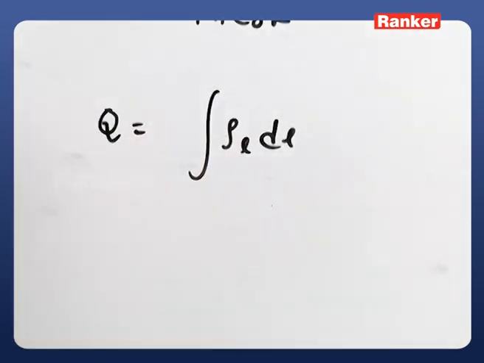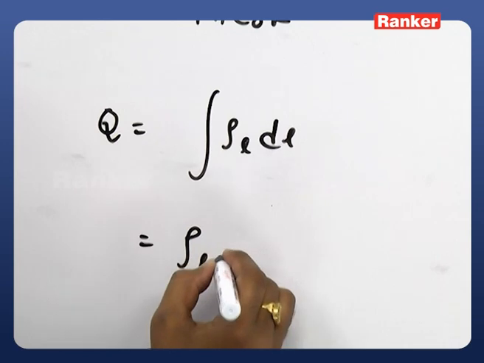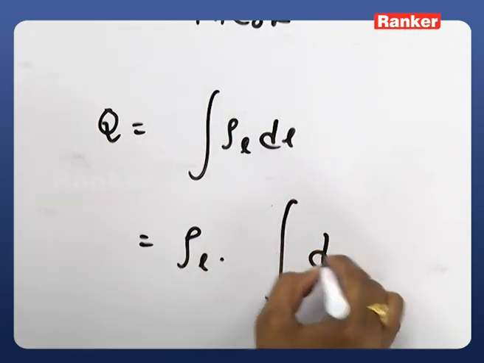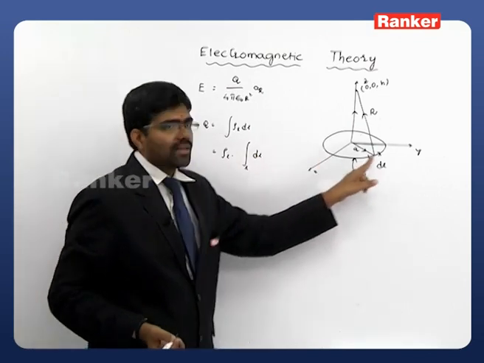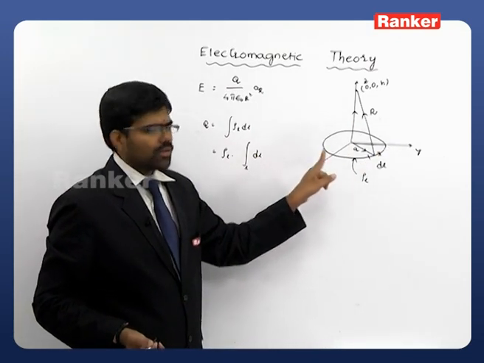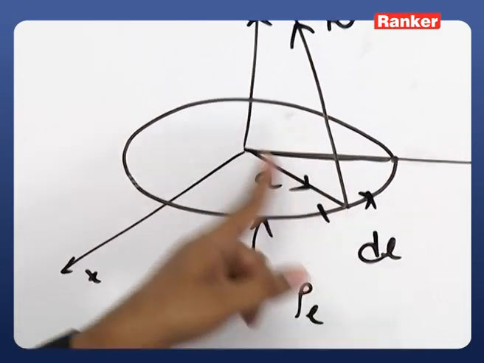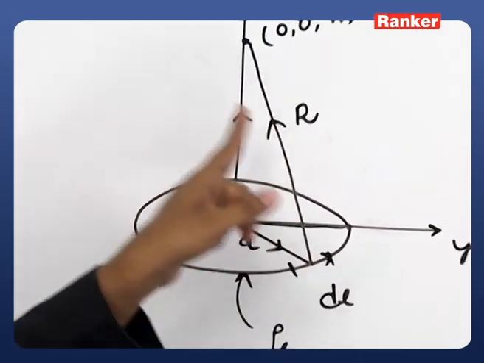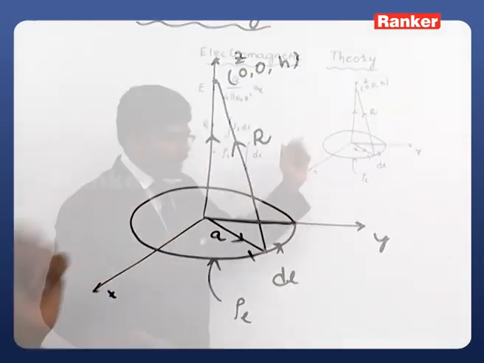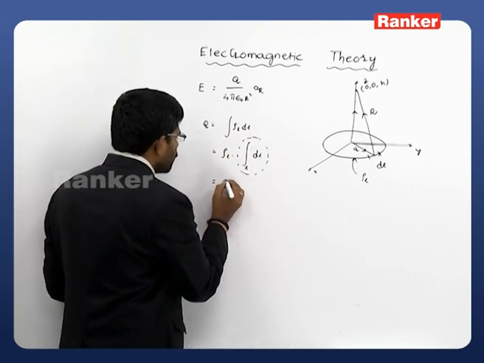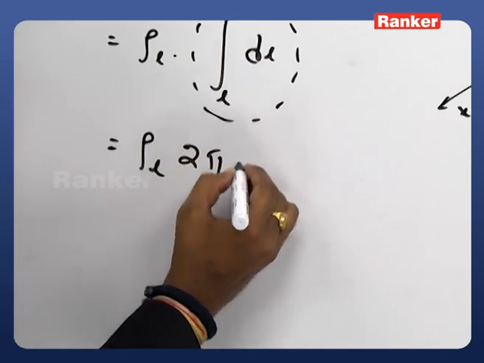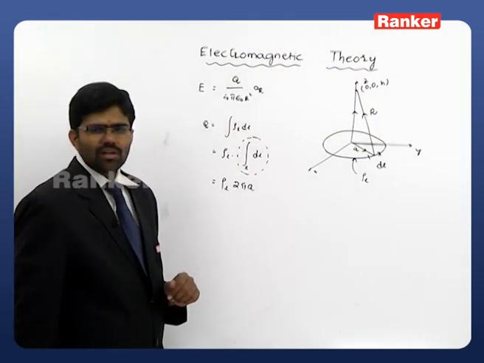Now this rho L is the line charge density, and the line integral of dl will give us the total length of the line. What is the total length of the line? If you take the radius as a, the total length of the line is 2 pi a. So the total line length can be simply replaced with 2 pi a, nothing more than that.